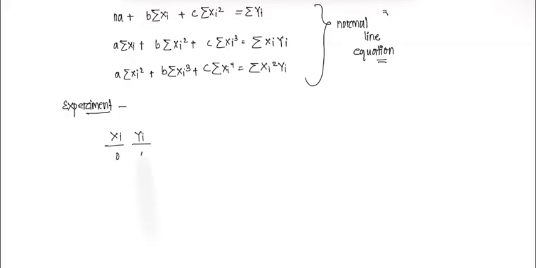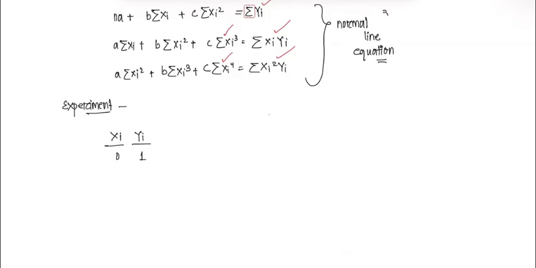You need to find many things. With the given xi and yi values, you need to find xi square, xi cube, xi power 4, xi yi, xi square yi. Five extra values you need to find. Then you will get the equation of the second degree parabola.